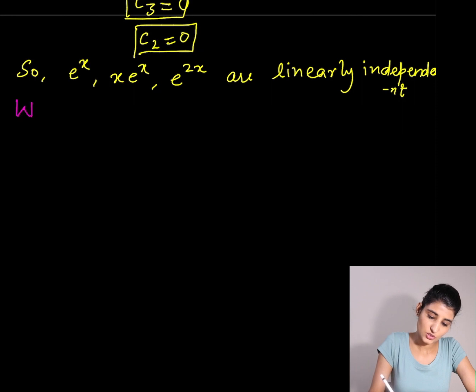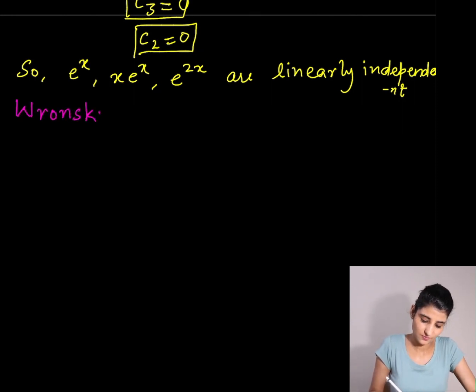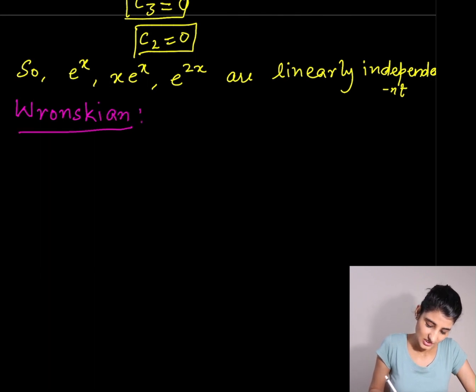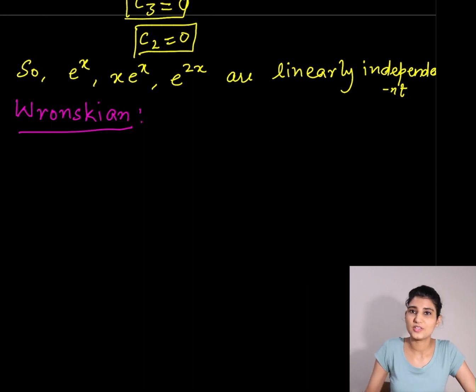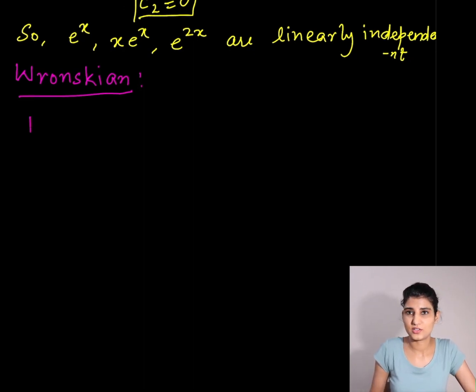Next we are going to define the Wronskian. We defined the Wronskian of two functions previously. This time we are going to define the Wronskian of n functions.